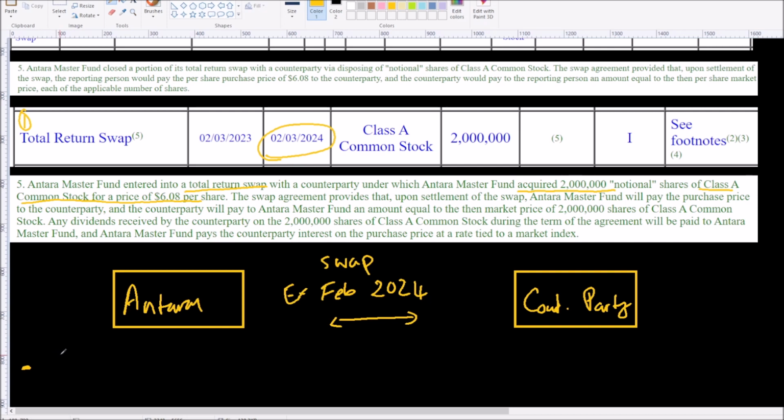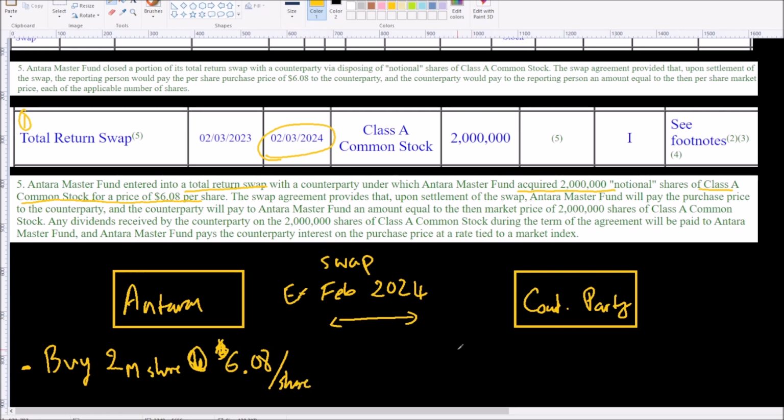So Antara agreed to buy 2 million shares at the price of $6.80 and 8 cents per share.